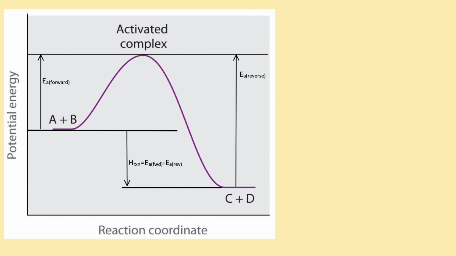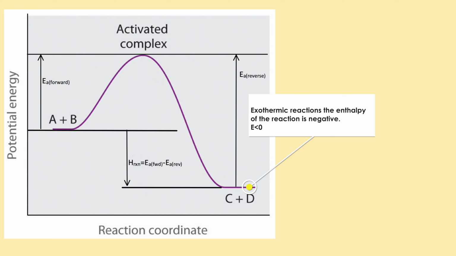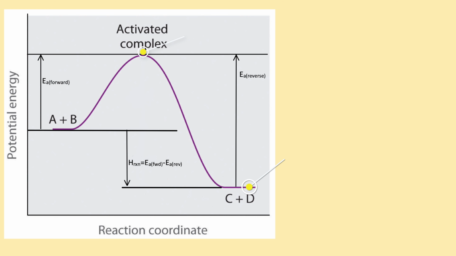If the reaction is exothermic, which occurs when enthalpy is less than 0, then the reaction is favorable. This is displayed in figure A, where reactants A and B form an activated state and form the products C and D, and is energetically favorable.